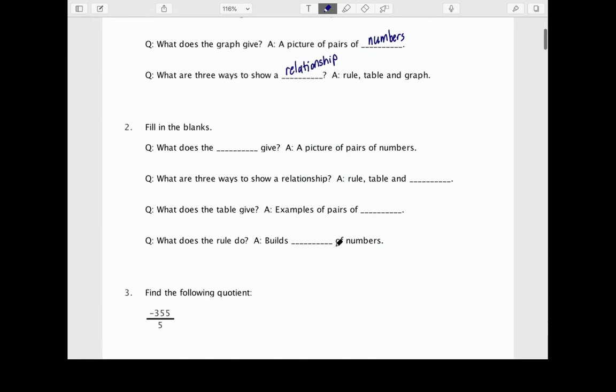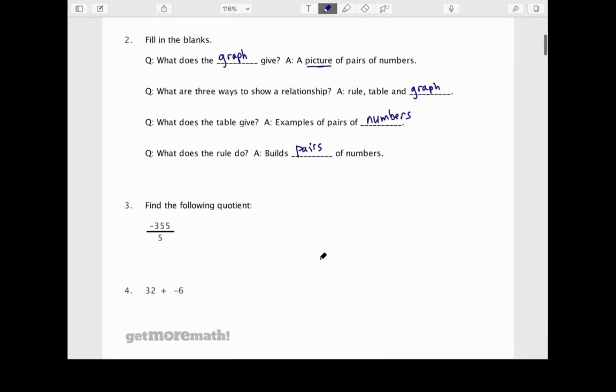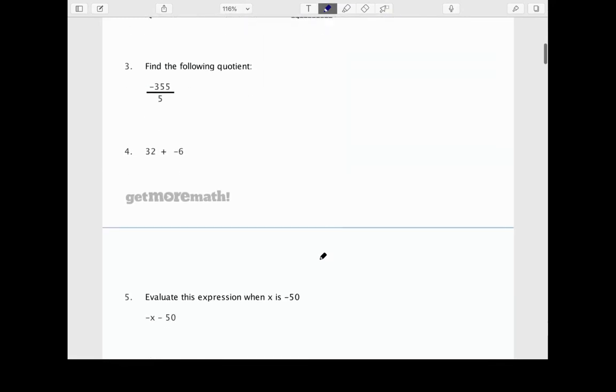What does a table give? Examples of pairs of numbers. What does a rule do? Builds pairs of numbers. Okay, then we have some other stuff on today's work.